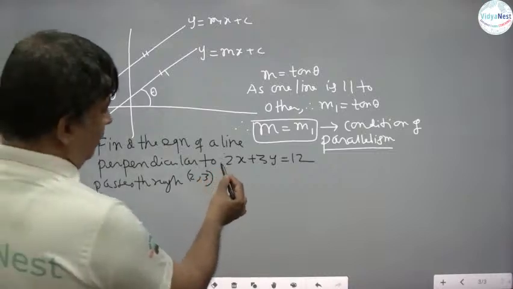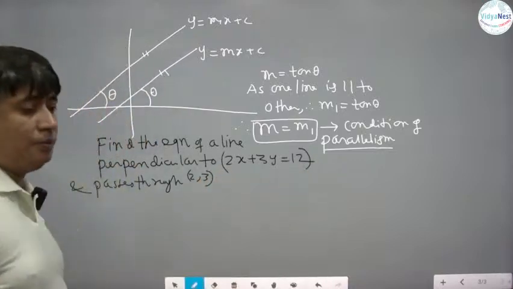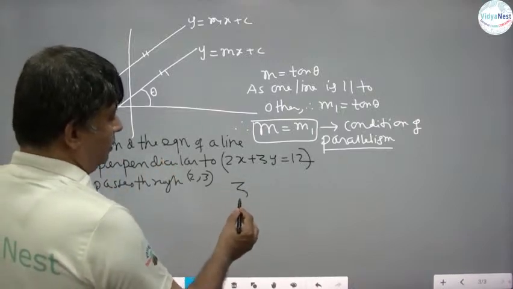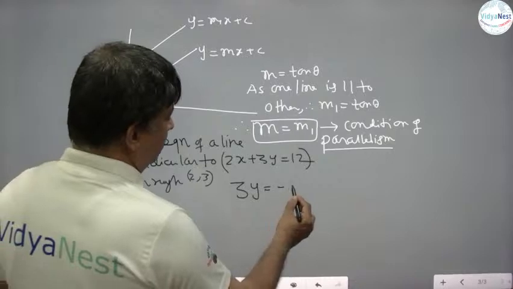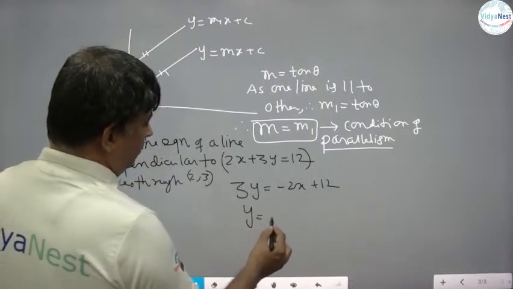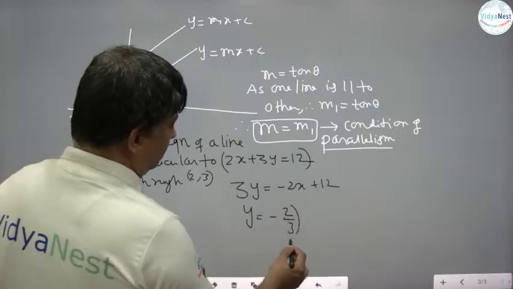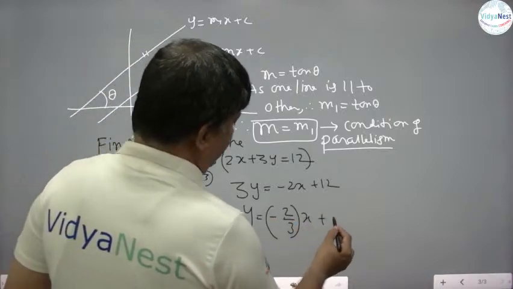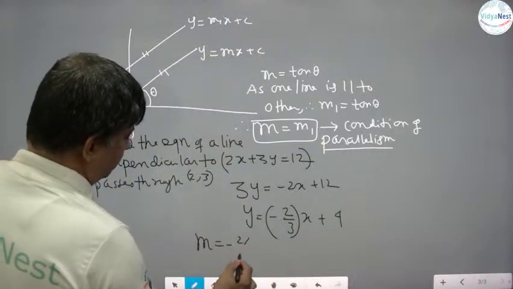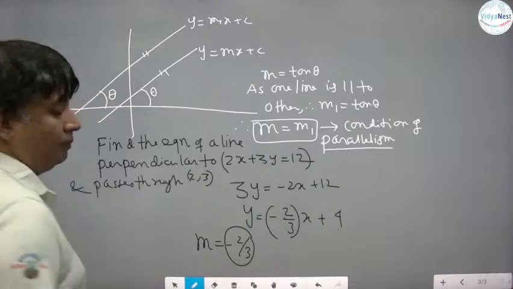So, first of all, this equation is to be expressed in slope form. 3y = -2x + 12, so y = -2/3 x + 4. So m is -2/3.